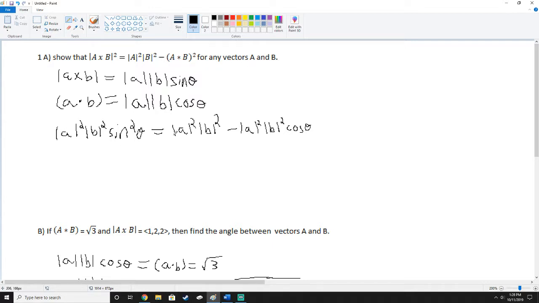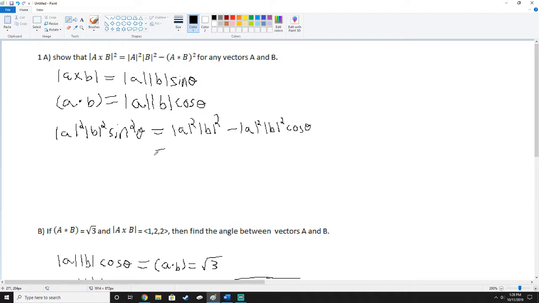From this equation, looking at just the right side, we see that magnitude of a squared and magnitude of b squared appear on both sides of the subtraction sign. So we can factor out the magnitude of a squared and the magnitude of b squared from this side of the equation.